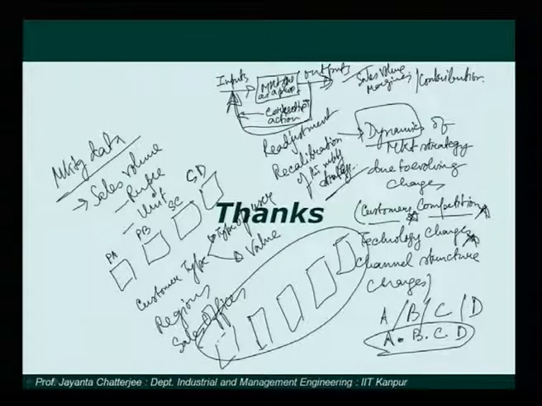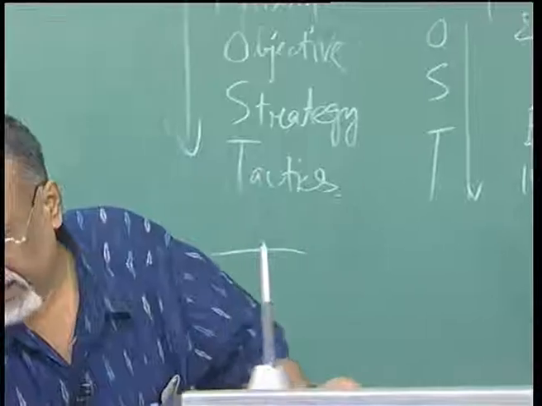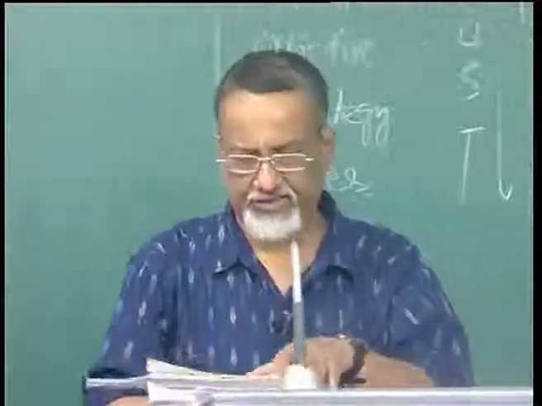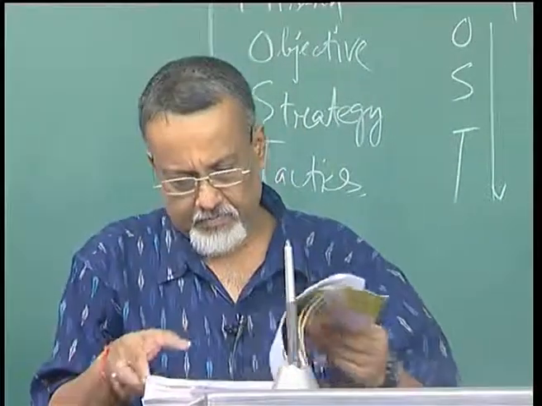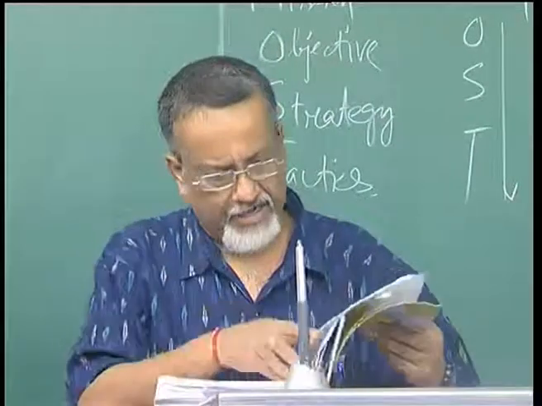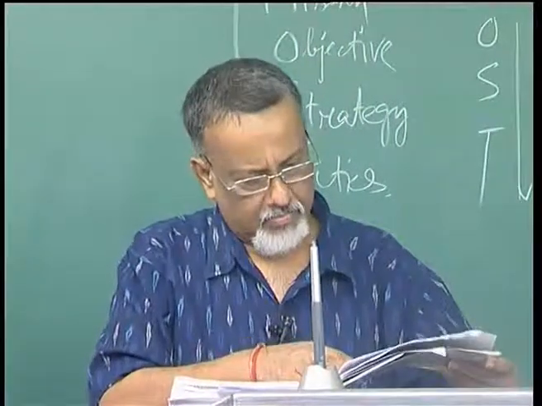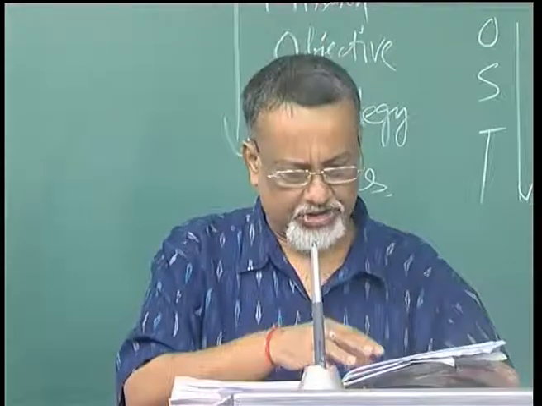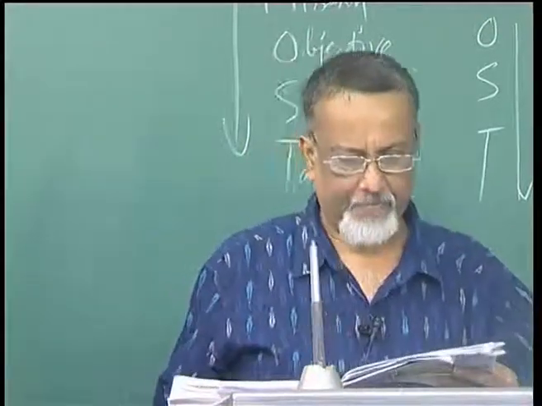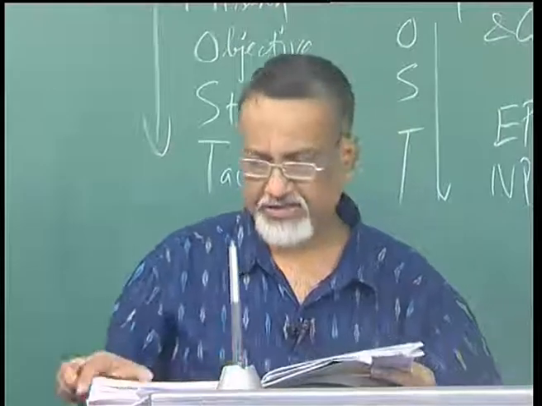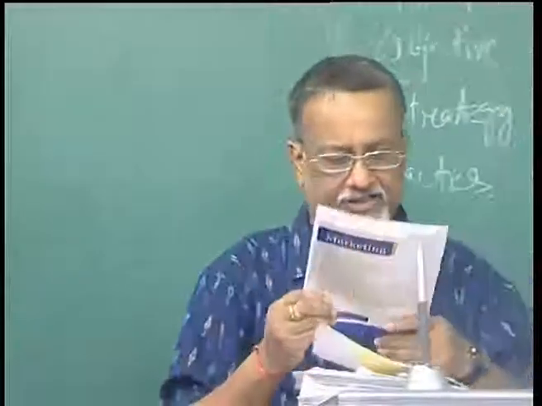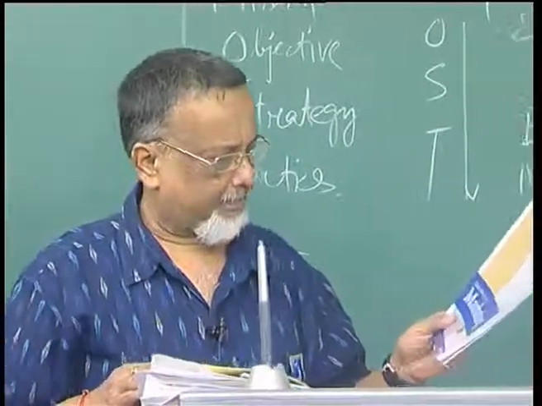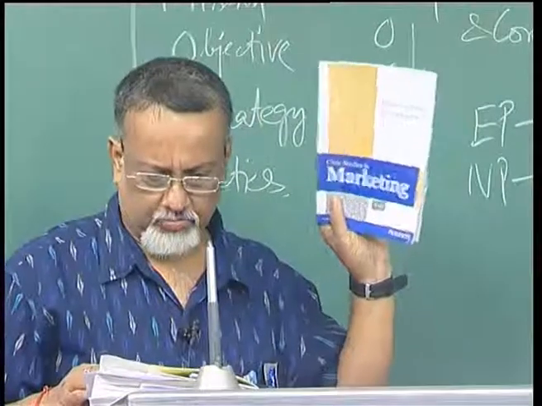So, as I mentioned, there are some very interesting cases given in your textbook at the end of chapter number 9, which is called Marketing Strategy, Reformulation and the Control Process, or you can also look at some standalone cases given in this booklet.